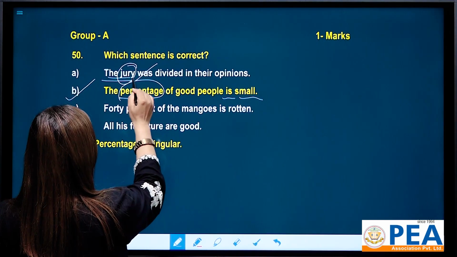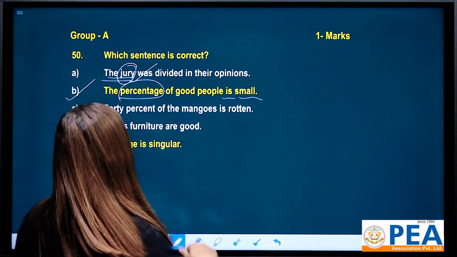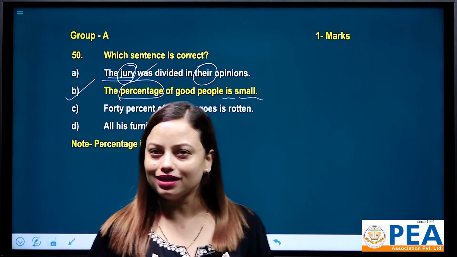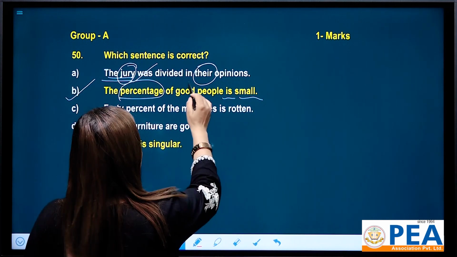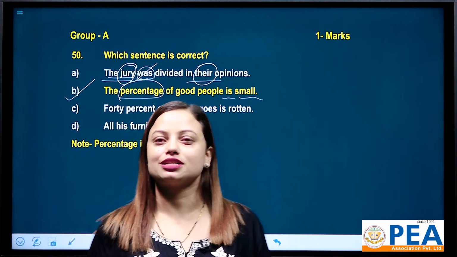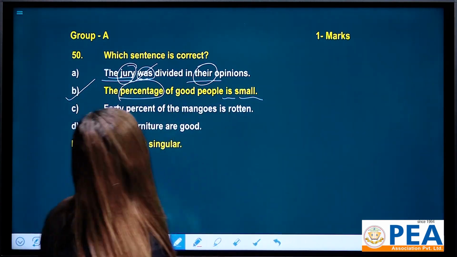So the jury here stands for a singular subject. But what about this their? It stands for plural, right? That's why here is plural and here is a singular auxiliary past verb, that doesn't match. That's why this is wrong.